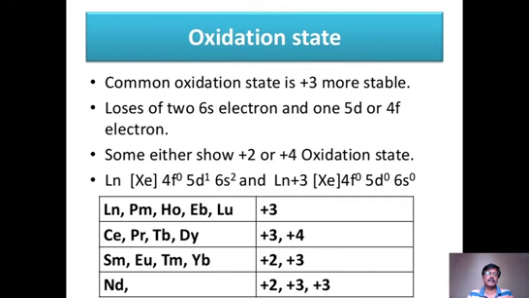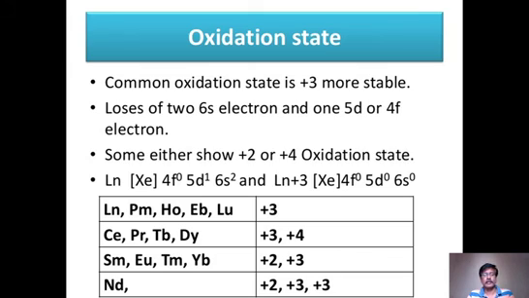Why do these also have +2 and +4? The reasons are simple. If you look at the oxidation states of different compounds here, the elements exhibit different types. Already we told that +3 is a very common and routine oxidation state. If you look at lanthanum, promethium, holmium, terbium, lutetium, +3 is common.